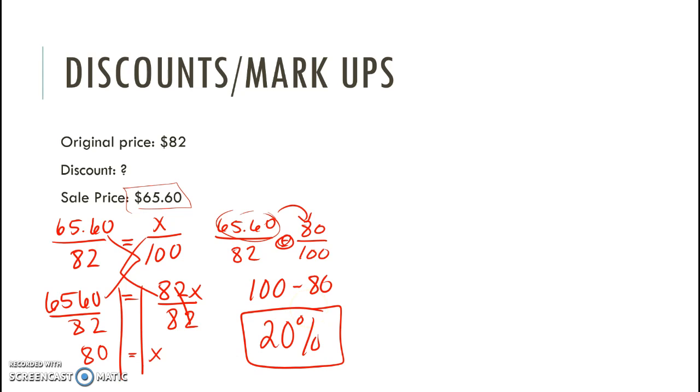And if we thought about this, $82 marked down to $65.60, there's no way that's an 80% discount. So if we just think through these problems and use that common sense idea and say, well, that doesn't make sense, 20% makes way more sense because it's a lot less money we're taking off the original price. So make sure you guys keep that in mind when you're solving these problems.